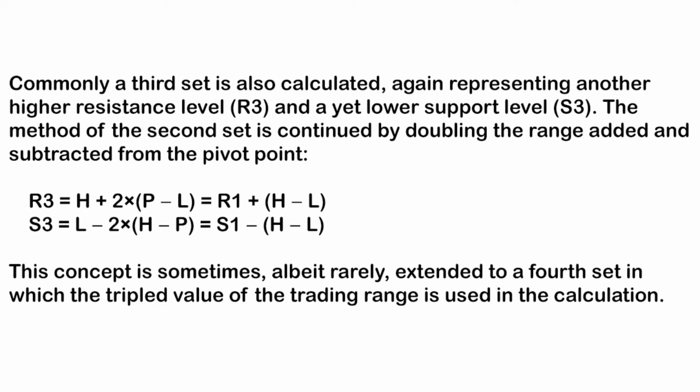Resistance R3 equals high plus 2 times pivot point minus low, equal to R1 plus H minus L. Now support S3 equals low minus 2 times H minus P, equal to S1 minus H minus L.